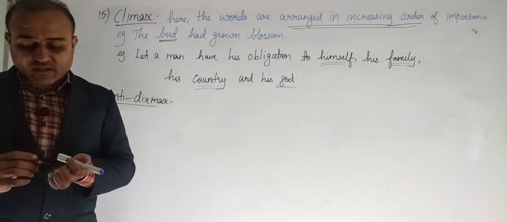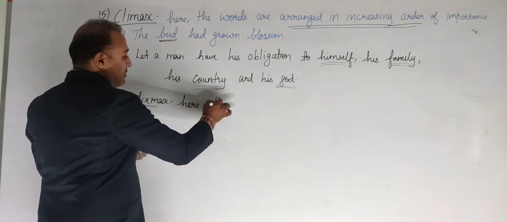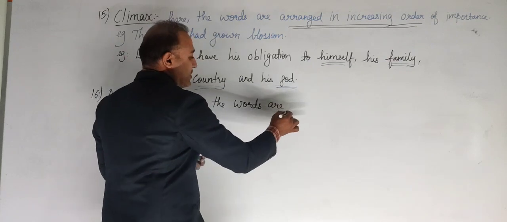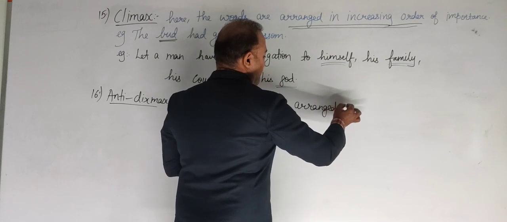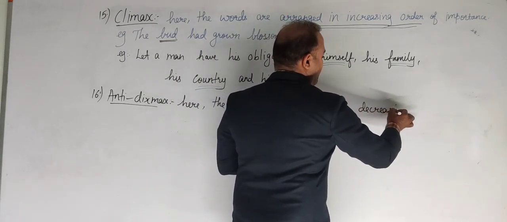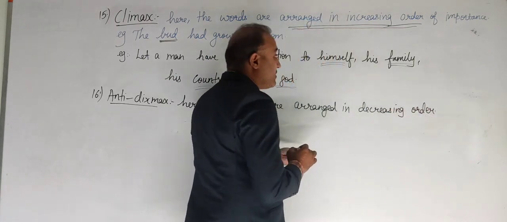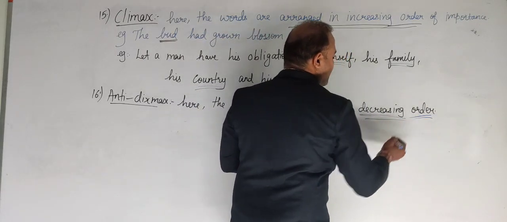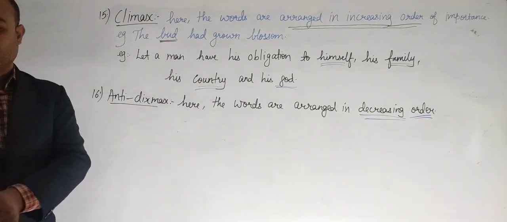So here the words are arranged in decreasing order. Okay, so here it was increasing order, here the exact opposite, which is decreasing order. We'll see one example for that also to understand it in a better way.